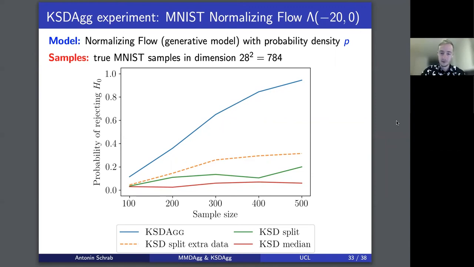The reason is probably that the way it selects this bandwidth is by maximizing a proxy for asymptotic power. Here we're in dimension 784 and we use only up to 500 samples, so we're definitely not in the asymptotic regime. That's why this criterion does not work that well. However, we still observe that it works significantly better than the split and the median tests.